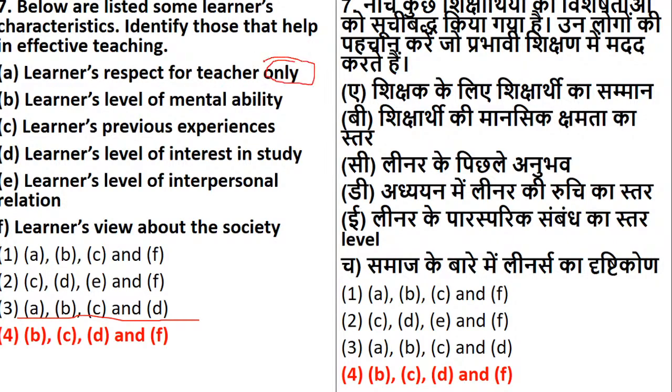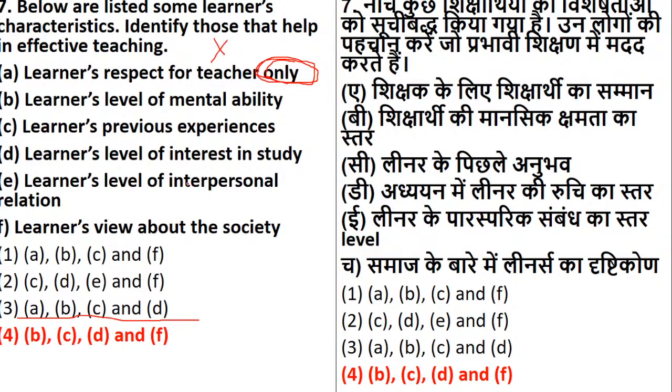This word is there, only. It means if he does not have respect for one specific teacher, the learning will not be effective. Having respect for teachers should be equal, but only giving respect to one teacher and eliminating other factors will not work out. So A will not be the right option.